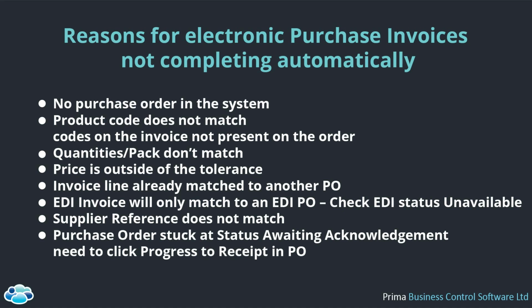Second point: product code does not match the codes on the invoice or not present on the order. This can happen quite frequently. You will have a purchase order that's gone through and you'll receive an invoice where it might be an updated product code and they've got it updated on their system, but your system is still perhaps running the old code.